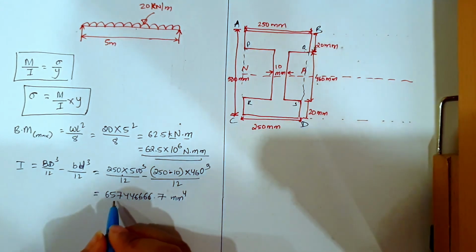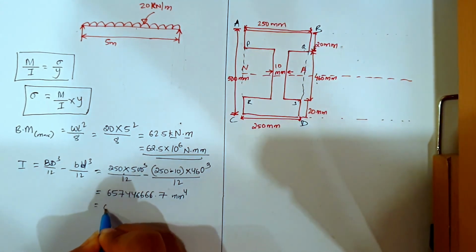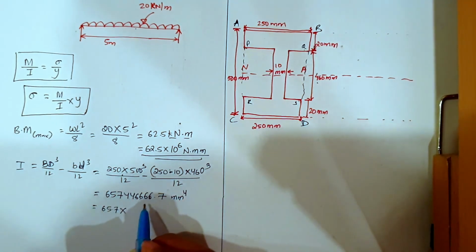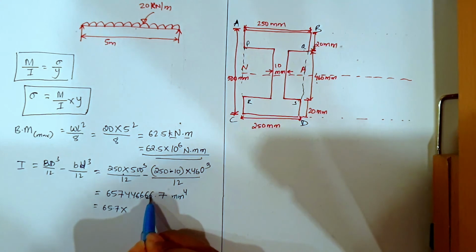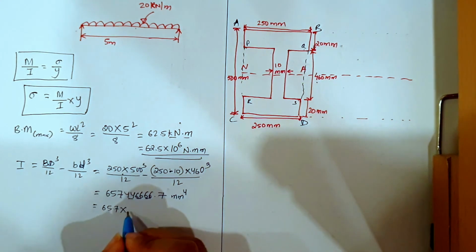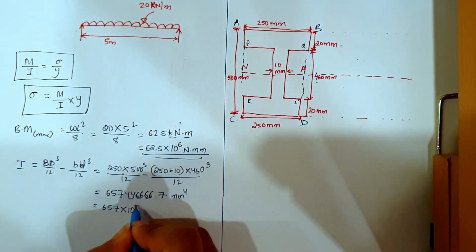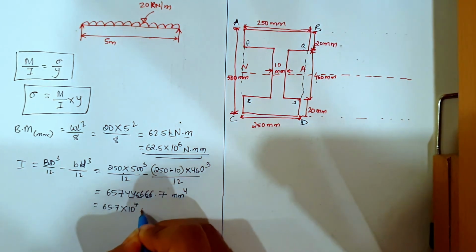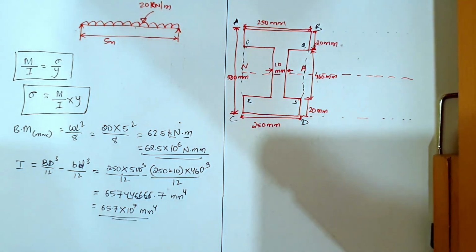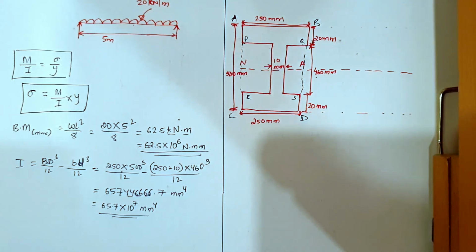Now if you make this into a decimal as 65.7 into 10 raised to power, how much will it be? 2, 4, 6 and 7, so it will be 65.7 into 10 raised to power 7 mm raised to power 4. This much it will be. Okay, now you have found I also.